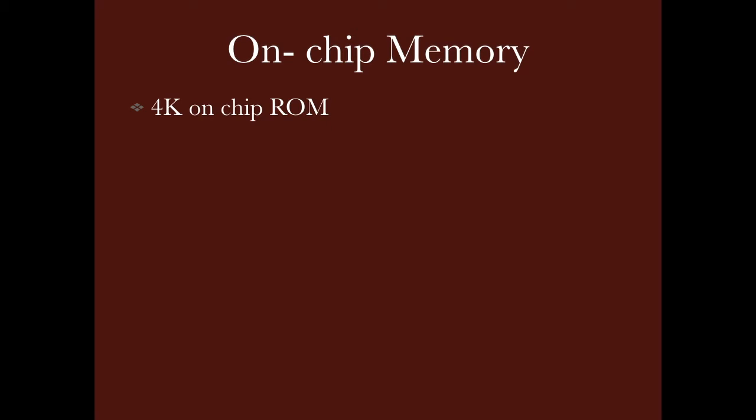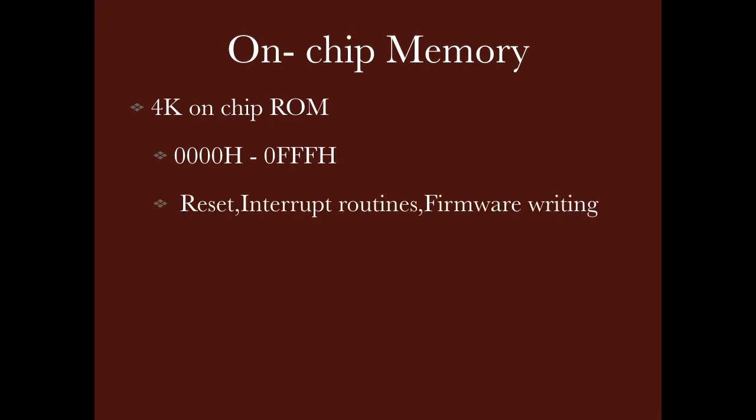As discussed earlier, the microcontroller has 4K of on-chip ROM, read-only memory, that is from 0000H to 0FFFH. This 4K ROM basically contains the reset location. When we reset the microcontroller, it jumps to 0000H, so we can write some instructions here for what the microcontroller is supposed to do when we give reset to it.